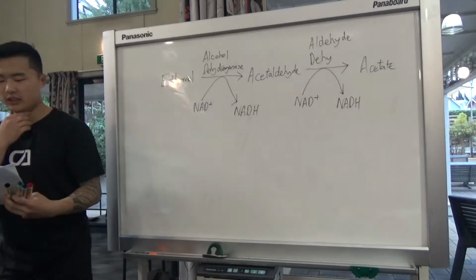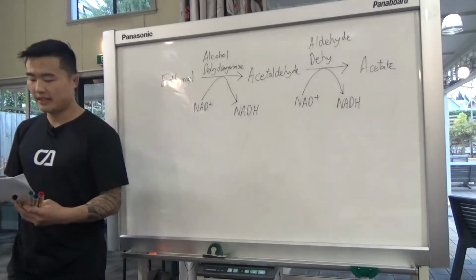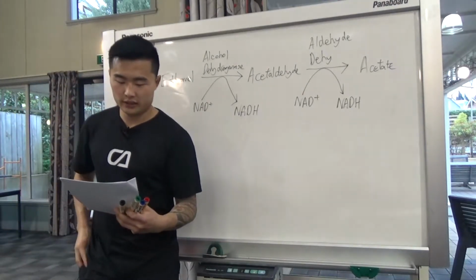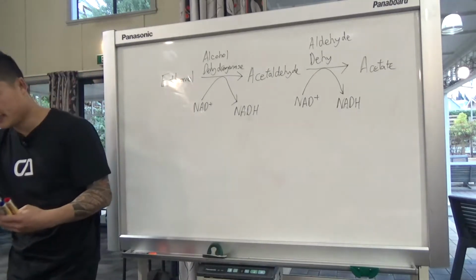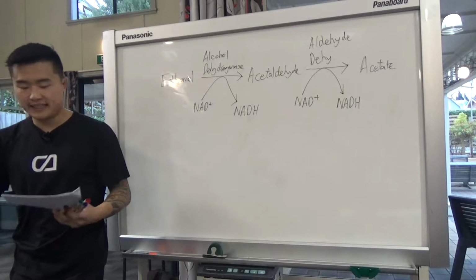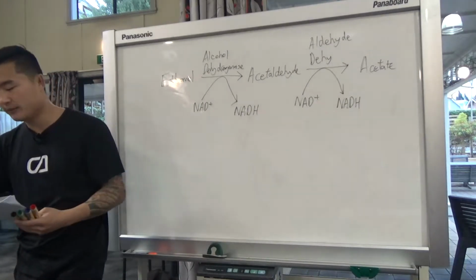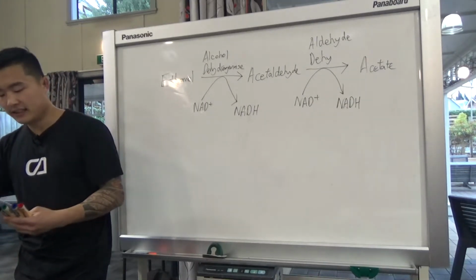So if we go back up to the top, on that third bullet point, each of these reactions produce a NADH from NAD+, so that means that 2 NADH are produced for every alcohol molecule that's metabolized.